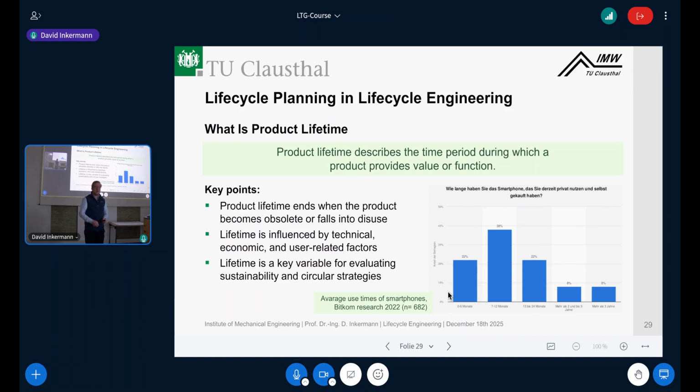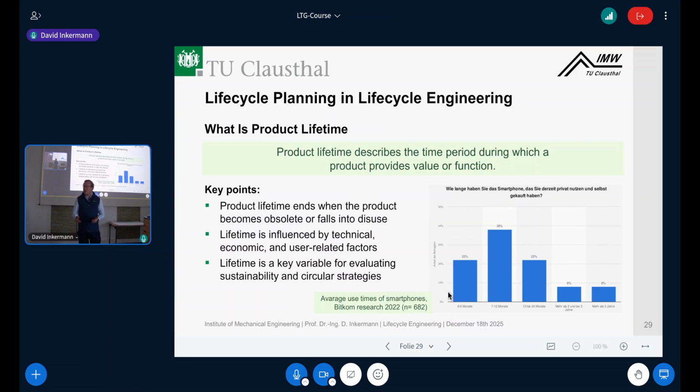You can see that, for instance, in this diagram where the question was, how long are you using your smartphone? It's some years ago, so 3 years ago. And you can see what the average use time of the smartphone is here. And it turns out that product lifetime ends when the product becomes obsolete.